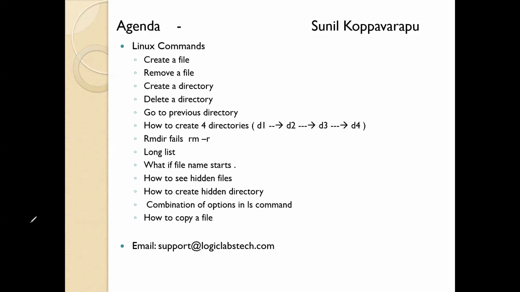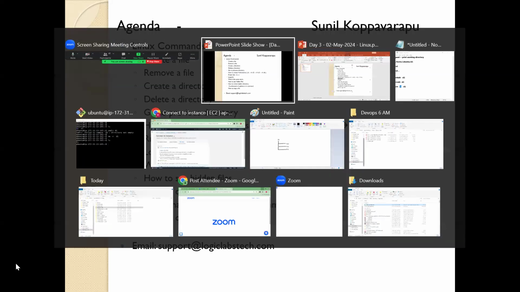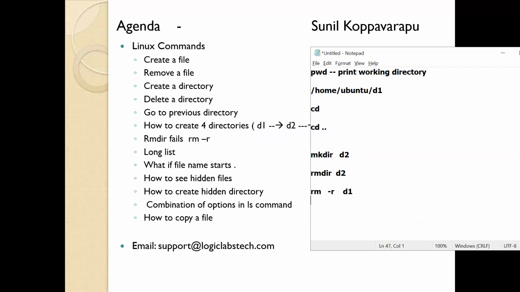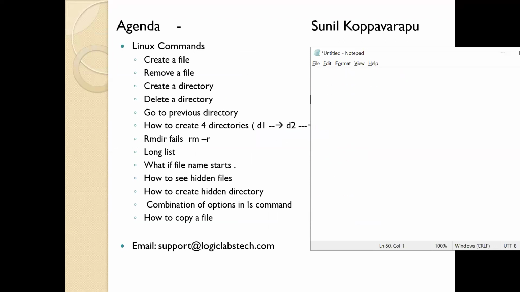Okay, next, very important. Let's make ourselves comfortable with dealing with the directories. Now, my requirement is, I want to create a directory D1. Under D1, I want to create D2. Under D2, I want to create D3.